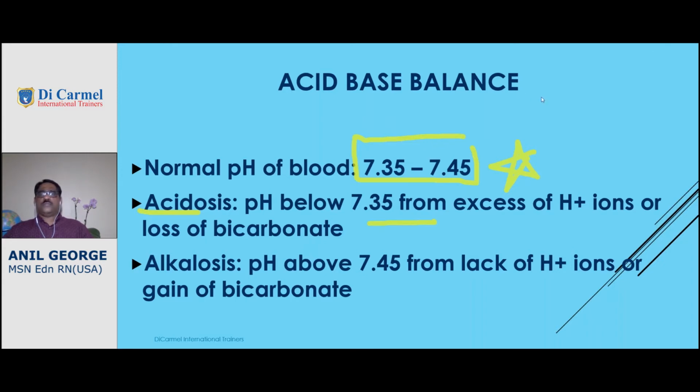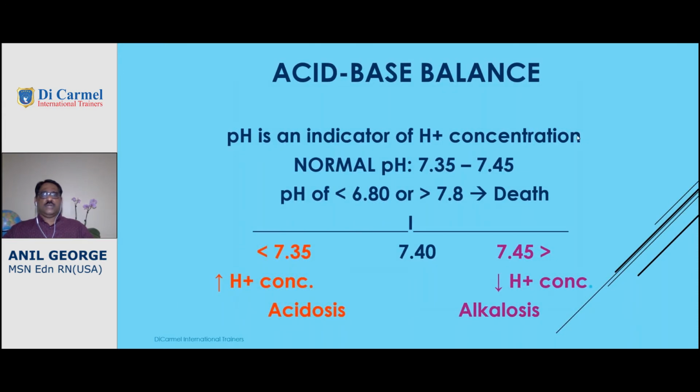The pH goes low, which can happen from expelling too much bicarb, or by retaining carbon dioxide. Whereas alkalosis is from lack of hydrogen ion, or too much retention of bicarbonate. So that's how the imbalance happens. And we'll get a better picture moving forward.